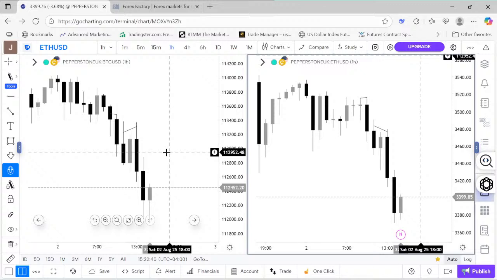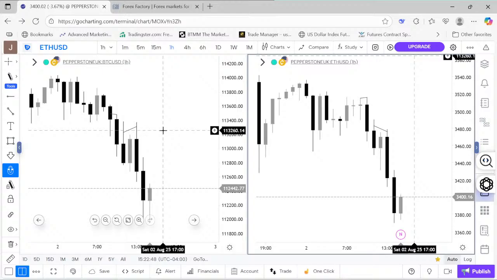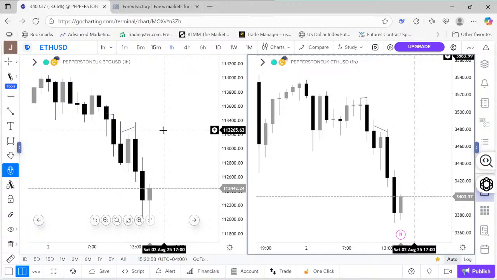It is a main tool that I use for looking for my setups and to confirm the trades that I do take.